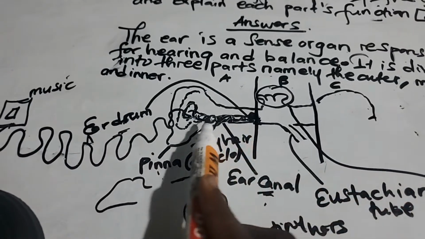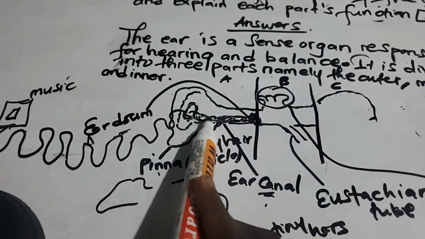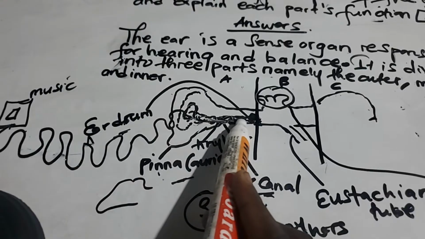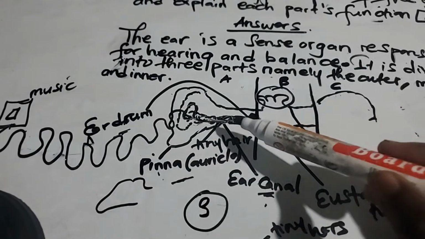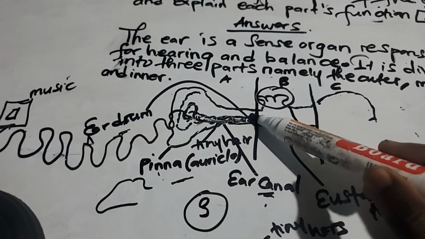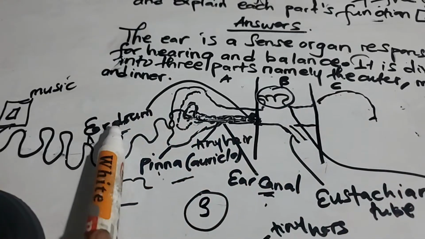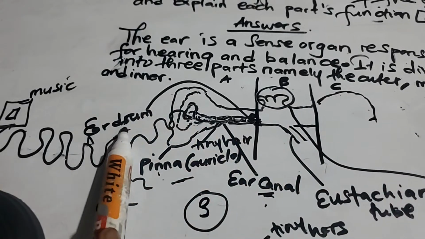Then now here, once this sound passes, what will happen? Take note, we have the last part of the outer part of the ear, which we refer to as the eardrum.